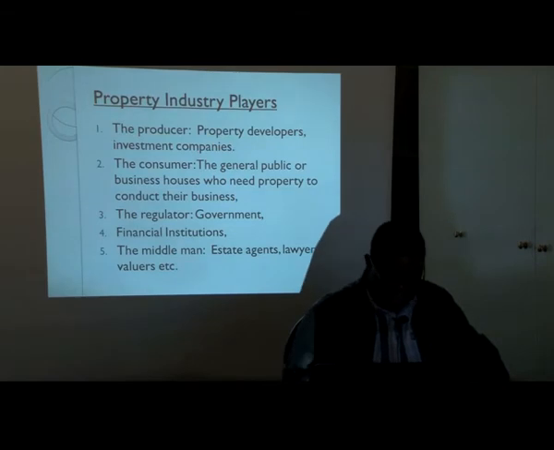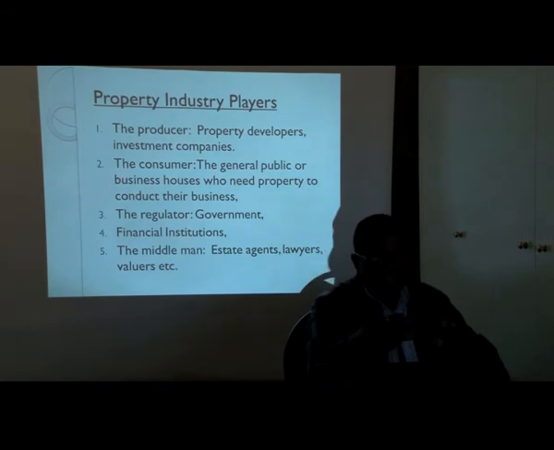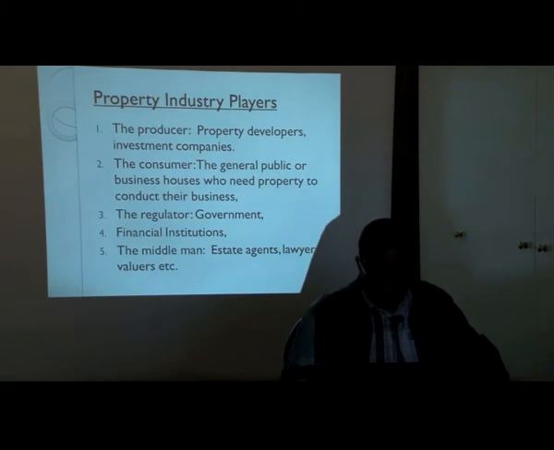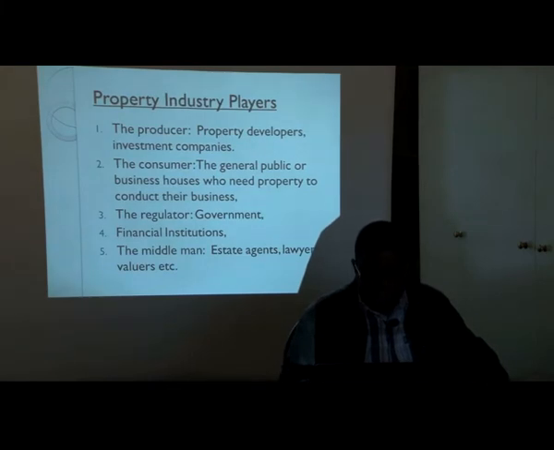And lastly, there is the middleman, the professionals like you, who now facilitate property-related transactions. So those are just a group of property players that you may find out there in the industry.